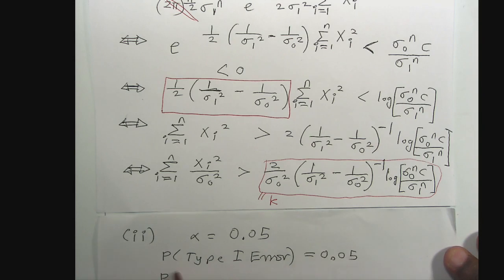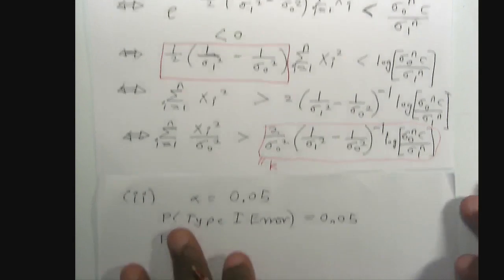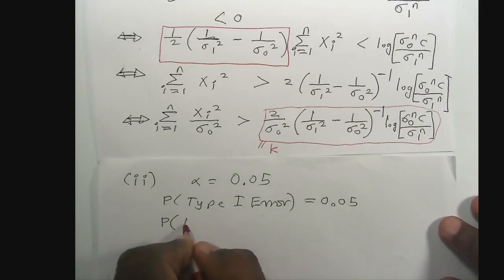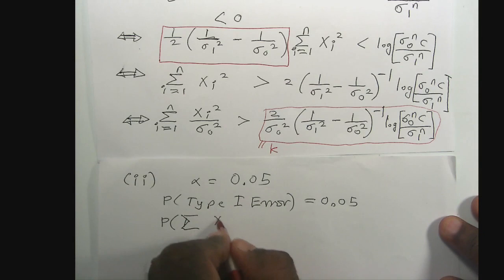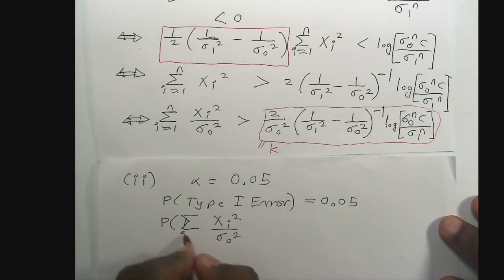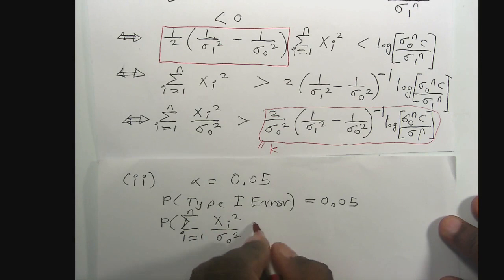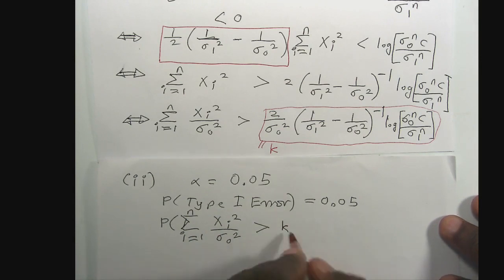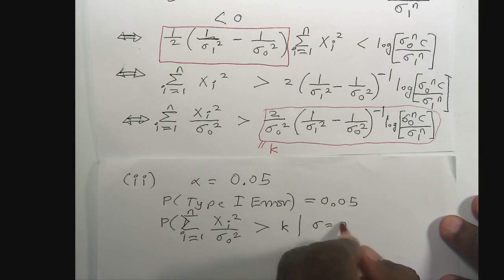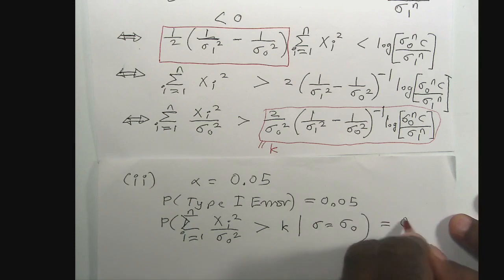And this is the probability that you reject H0, which in this case is the sum of this. This is the rule for rejecting the null hypothesis when sigma equal to sigma 0 is equal to 0.05.